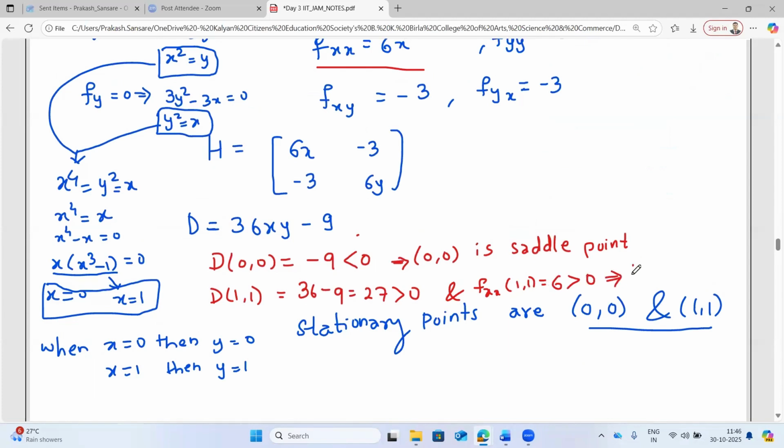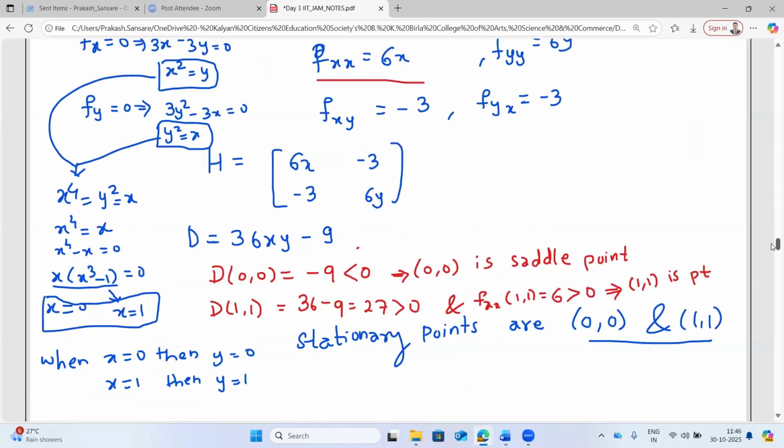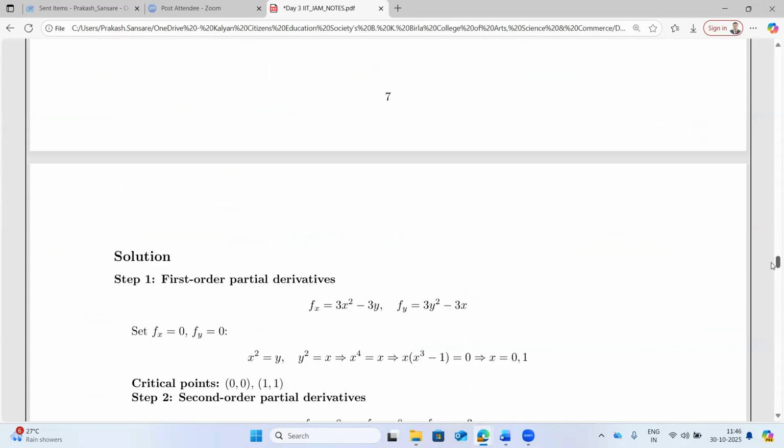This would imply 1, 1 is a point of local minima. So in conclusion, 0, 0 is a saddle point and 1, 1 is a point of minima. That is what we got.